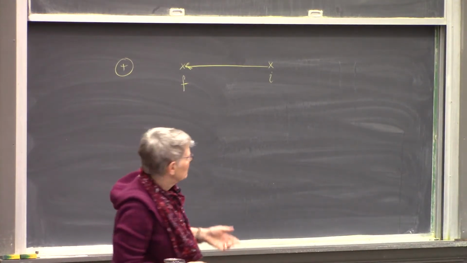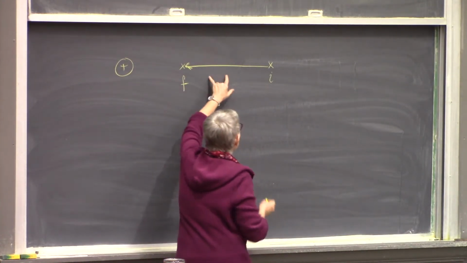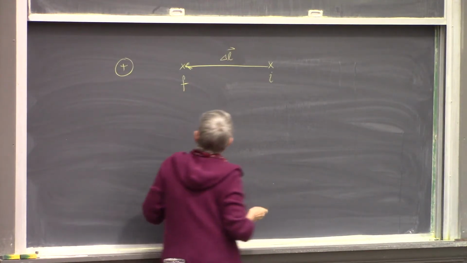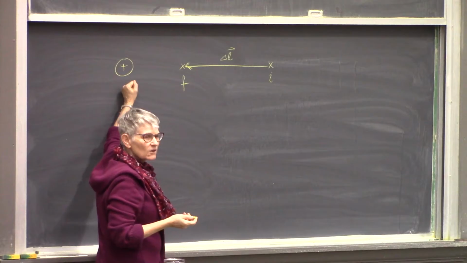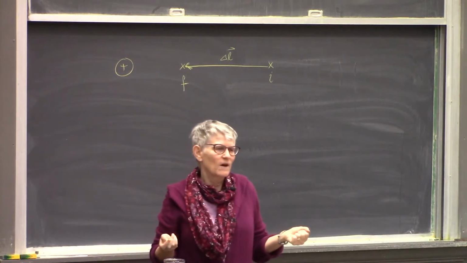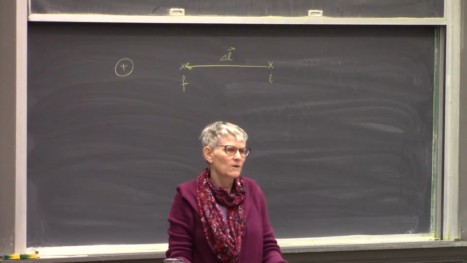We can't just take the length of the path, delta L, and multiply it by the electric field, because the electric field changes over the path, right?